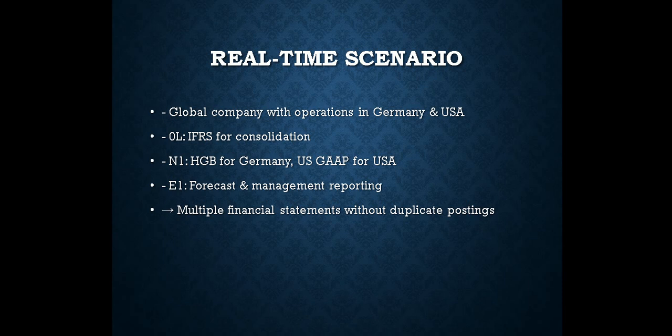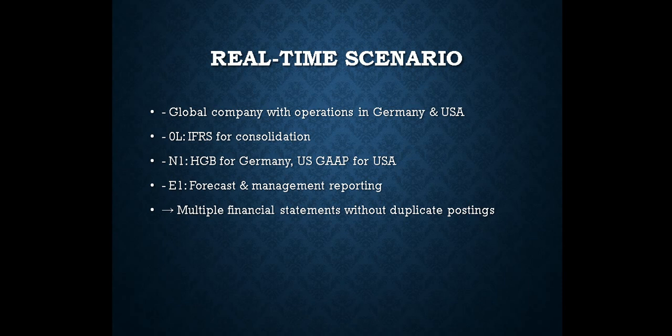Every time, we have to create an extension ledger separately if required. If a non-leading ledger is required, we create it separately for local GAAP usage. But we can't create an extension ledger in place of a non-leading ledger, because the extension ledger is an underlying ledger of 0L.